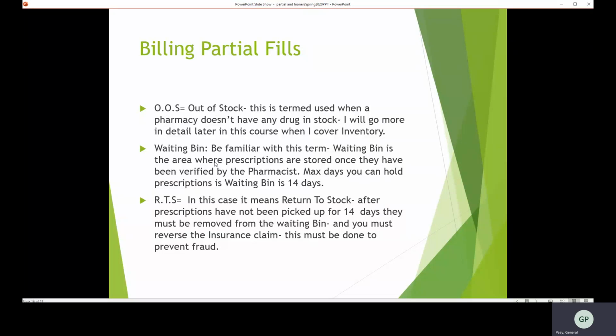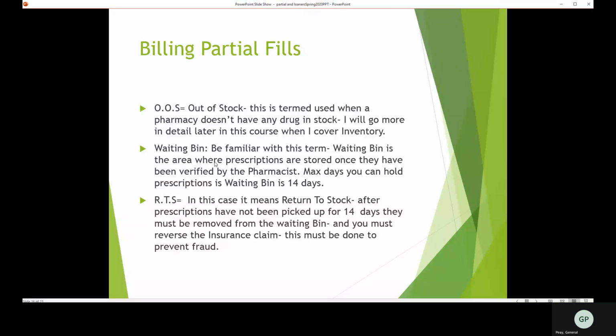So the waiting bin by name means prescriptions waiting to be picked up by the customer. Those are all the medications that have been verified by the pharmacist and billed to the insurance company. Two things I want you to know about that. I want you to know what the area is called. So again, it's called the waiting bin. Medications waiting to be picked up. And usually it's the area right behind the cashier or the cash registers, right where the person turns around and retrieves the medication.